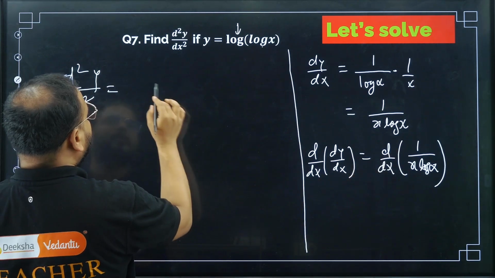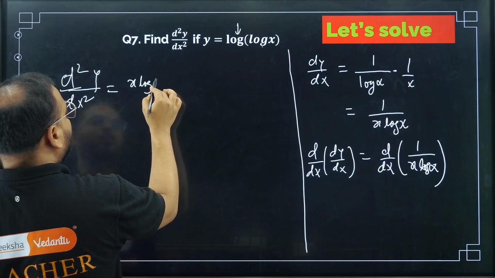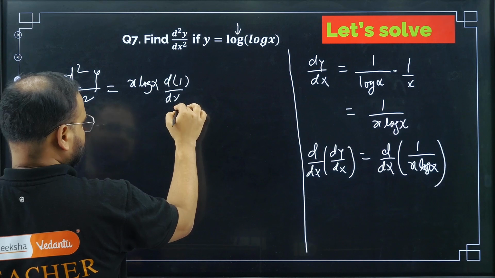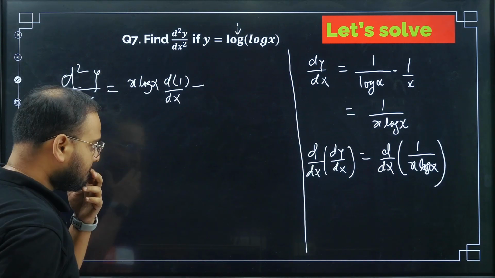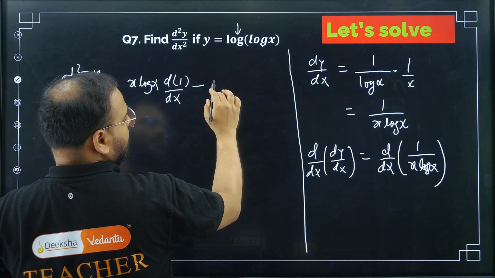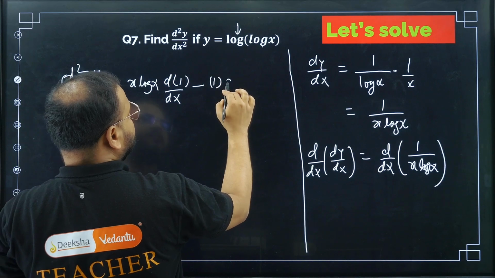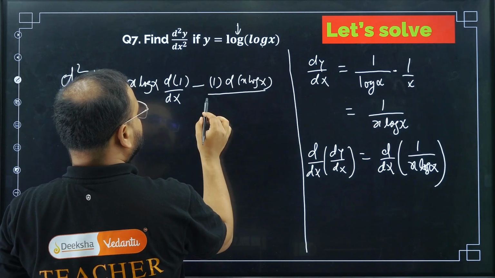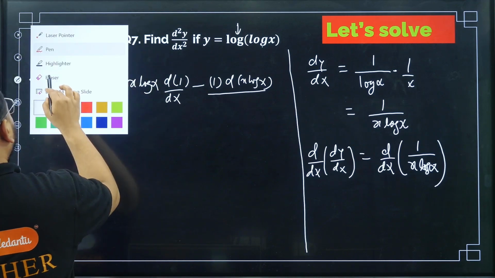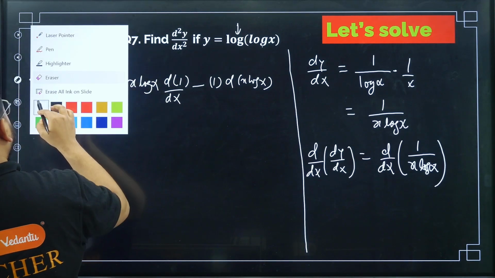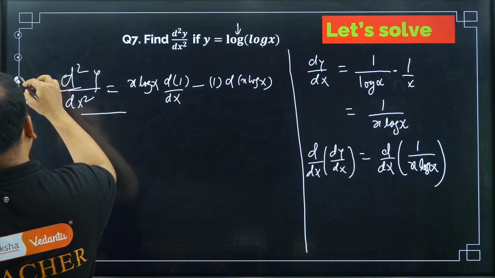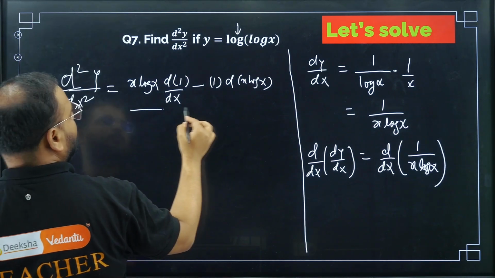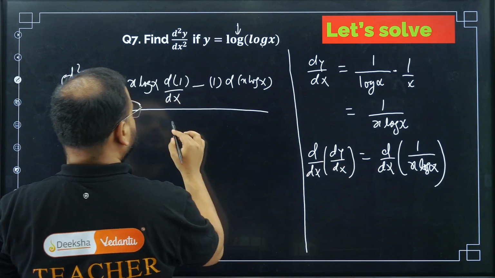So I'll keep the x log x as it is, and the differentiation of the numerator, which is 1, minus sign, keep 1 as it is, and the differentiation of x log x, this whole thing divided by x log x the whole square.